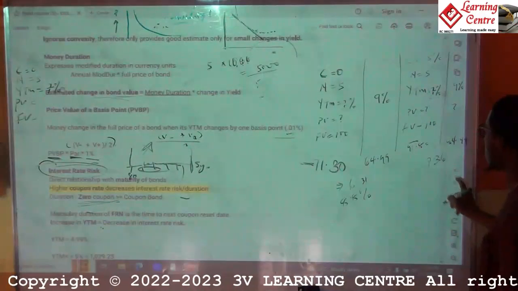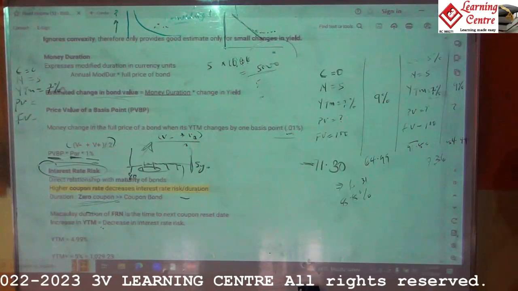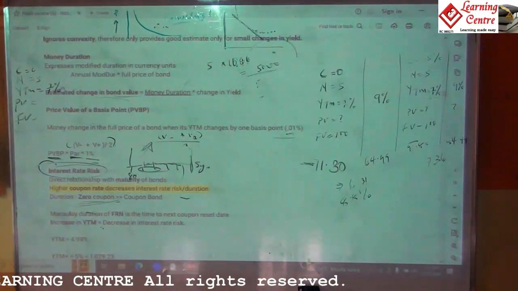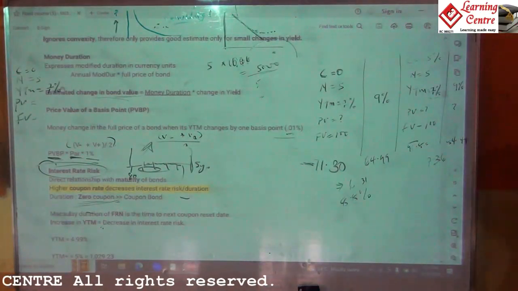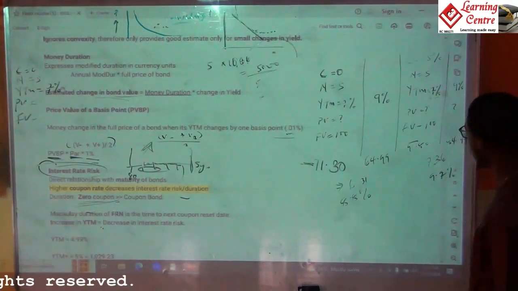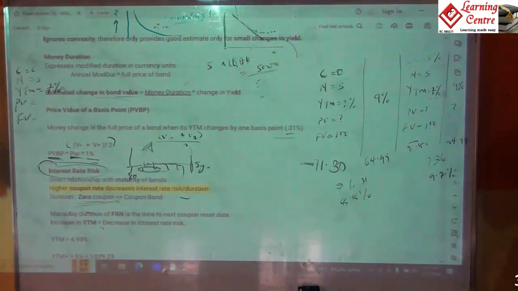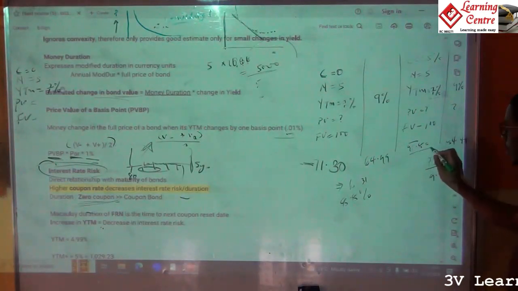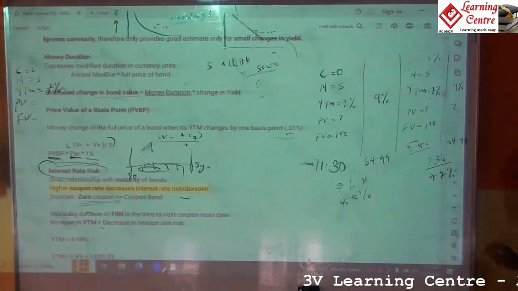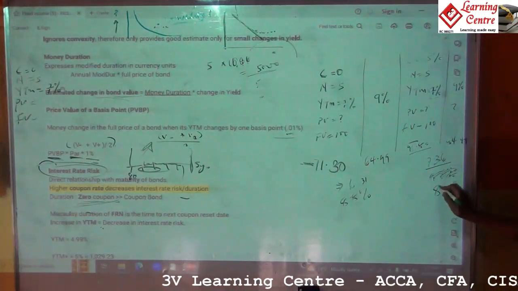Second one: 7.36 over 91.80. Can you see?